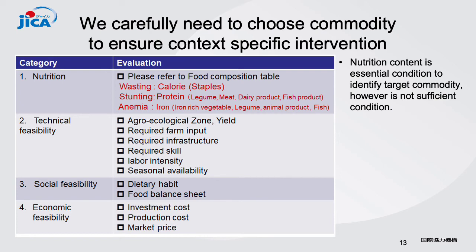Like in your target area, there is no or very limited number of farmers who raise goat, but probably in considering nutrition value of goat or goat milk, you decided to recommend goat in this community.